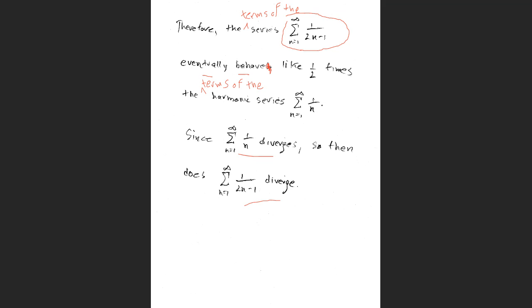Okay, why did I do the 1 over n? The reason is because I want to compare this series that I have to a harmonic series. And the nth term of the harmonic series is 1 over n.